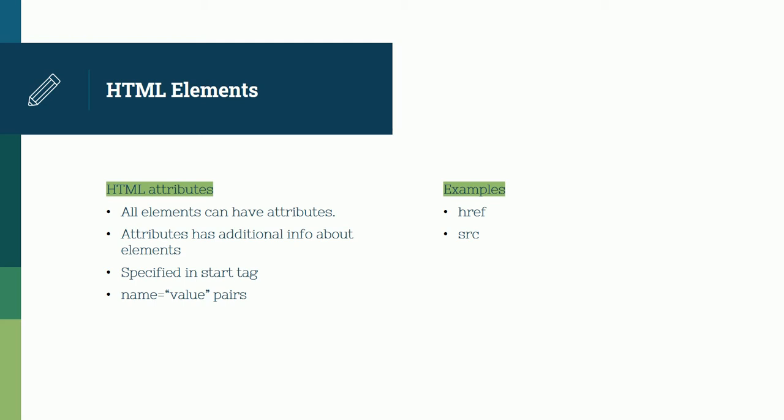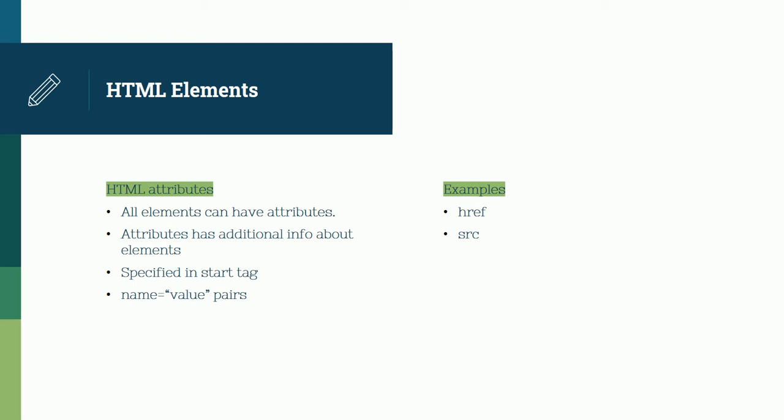For example, the number of branches the ANC has, the number of party members, and so on and so on. That is basically what attributes do to the HTML tags, I mean the HTML elements. All HTML elements can have attributes.